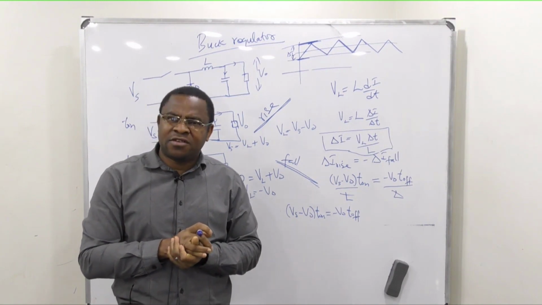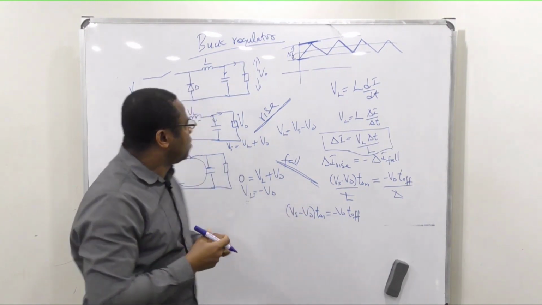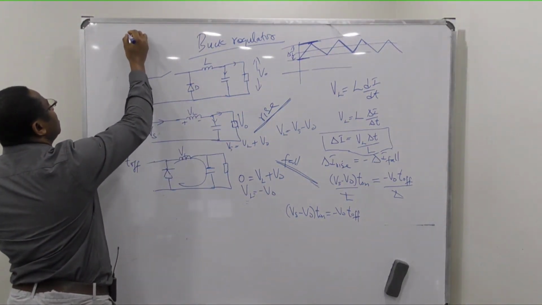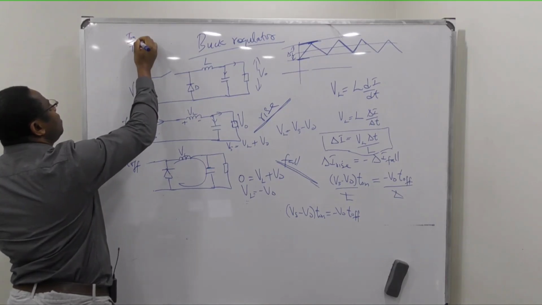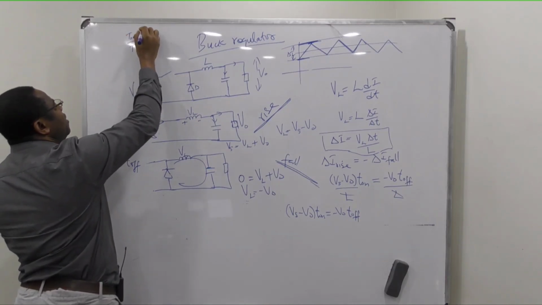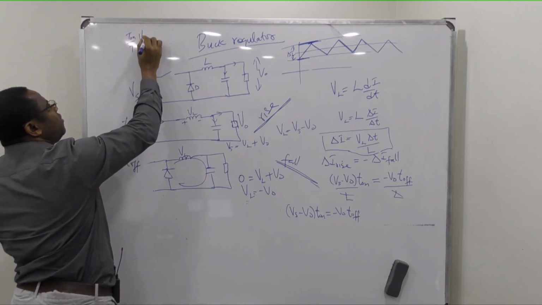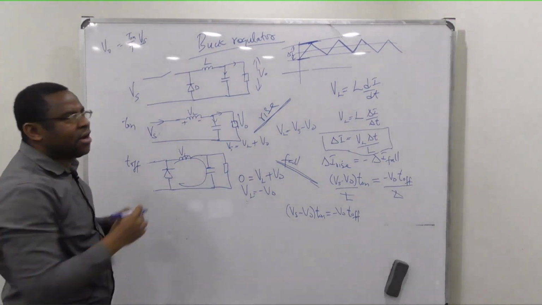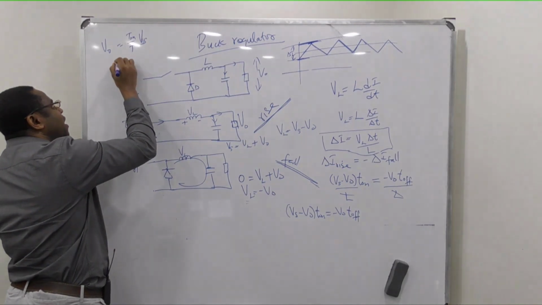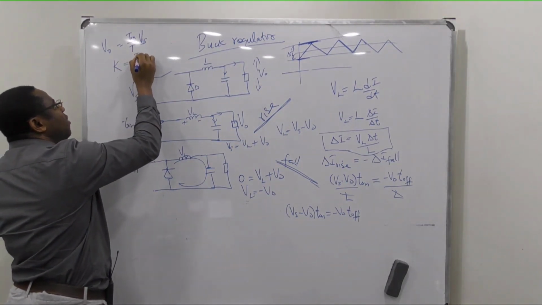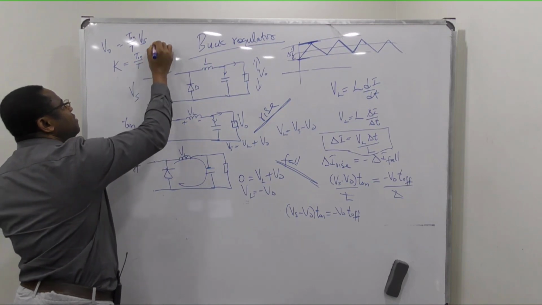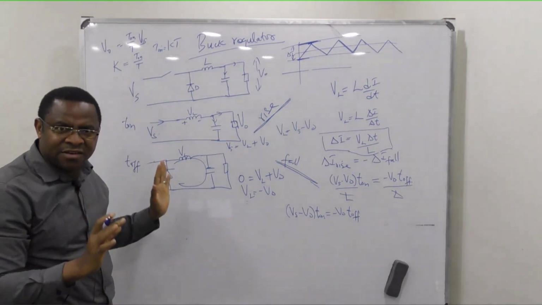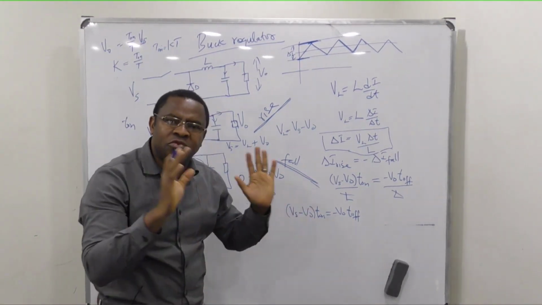From what we did previously, if you check our previous videos, when we were looking at the duty cycle, we said that T on over period T, times Vs, equals Vo, where this is your duty cycle. In other words, duty cycle K is the same thing as T on over T. That means T on is KT, isn't it? So whenever you see T on, you put KT.